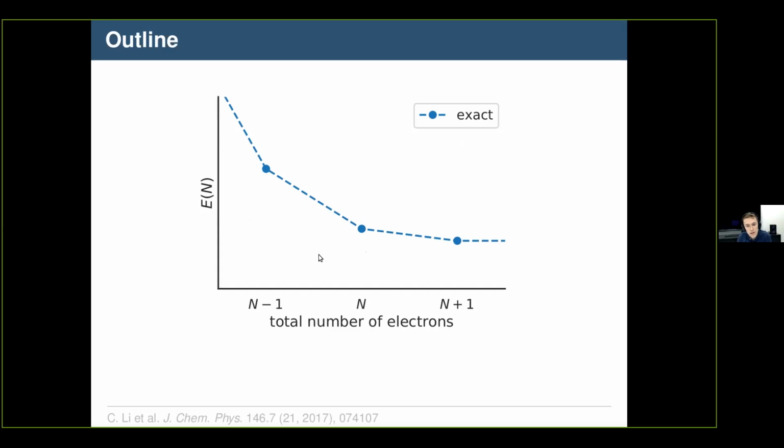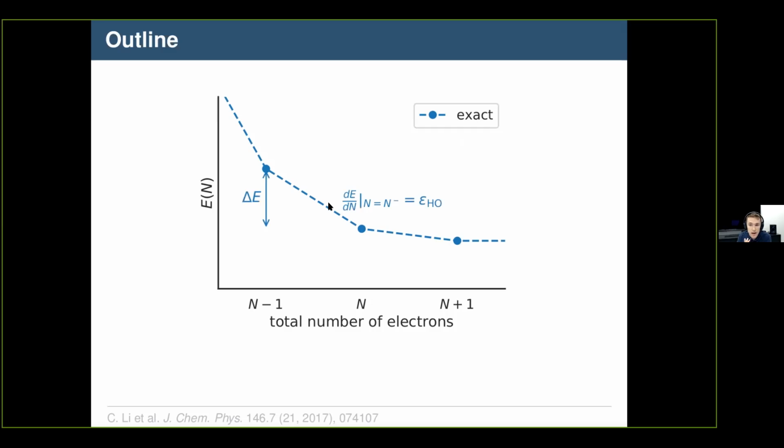So if we now look at this general system, when we have systems with a fractional number of electrons, we should have an energy that linearly interpolates between the integer numbers of electrons.